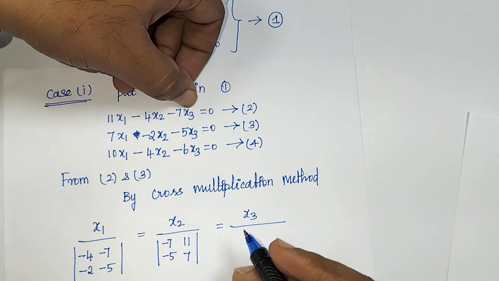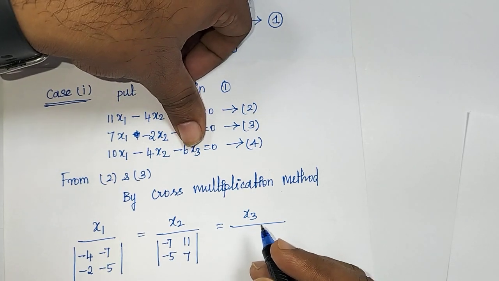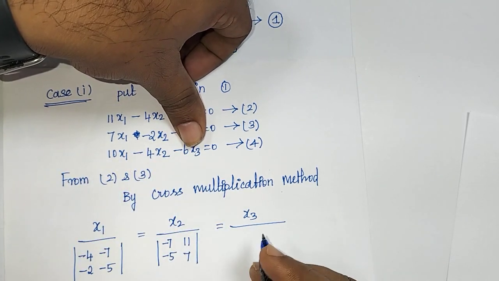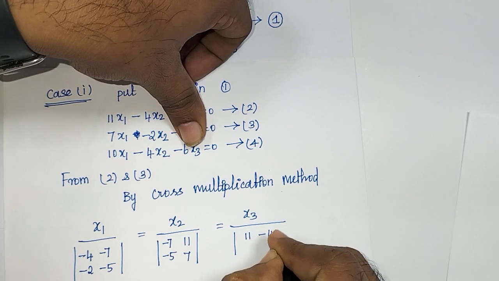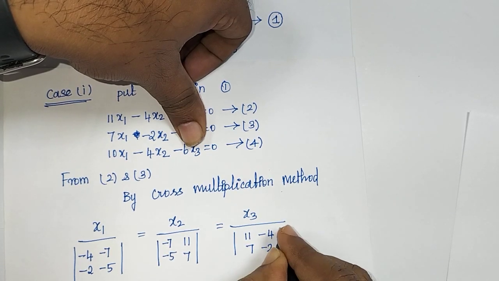Next I'm going to find x3. So omit the x3 coefficient. Remaining, you can write the x1 and x2 coefficients in determinant form: 11, minus 4, 7, minus 2.